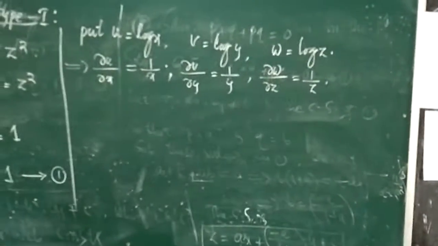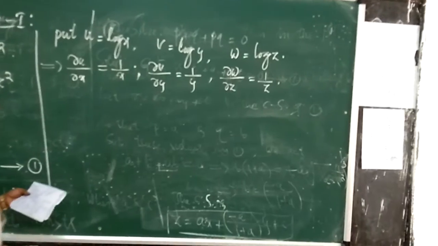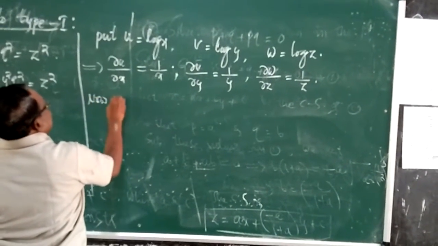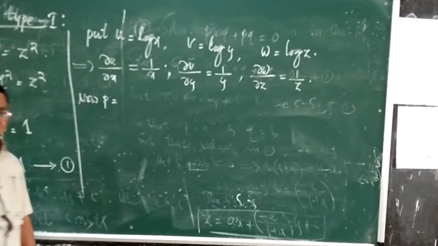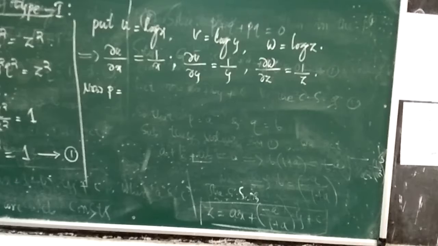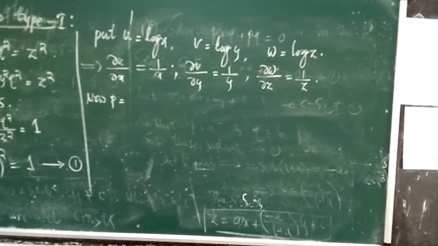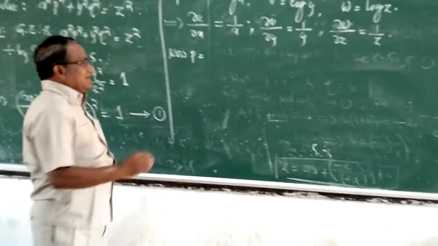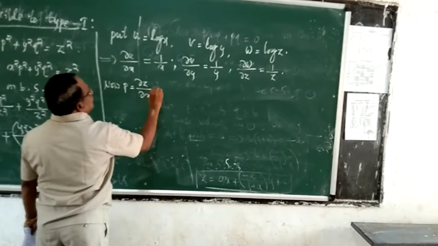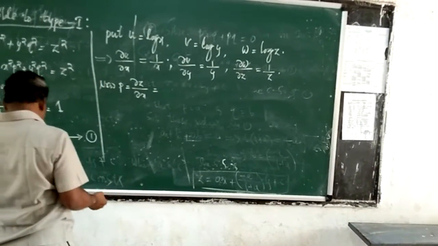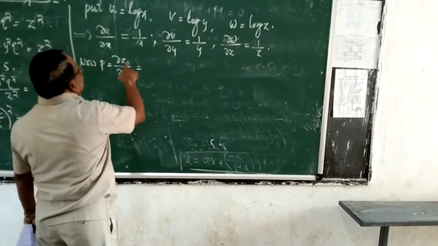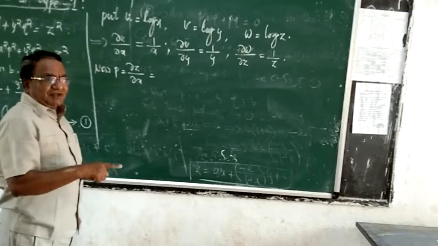Now you can observe here what is p. As we know, small p is dou z by dou x. It is p is equal to dou z by dou x. Now, this can be written as follows.